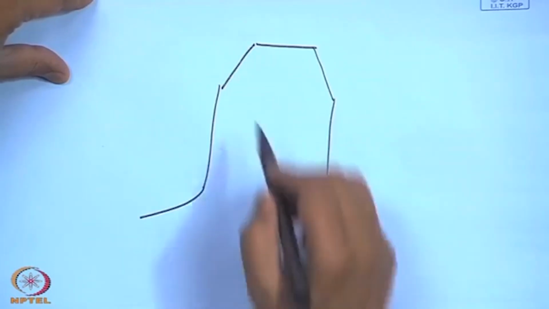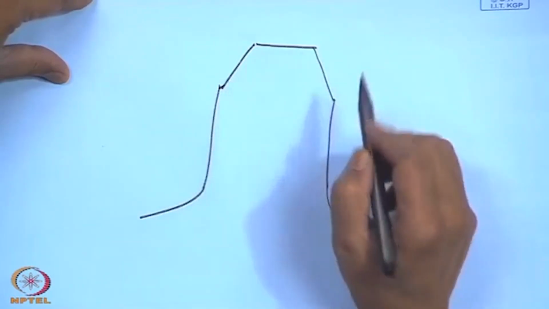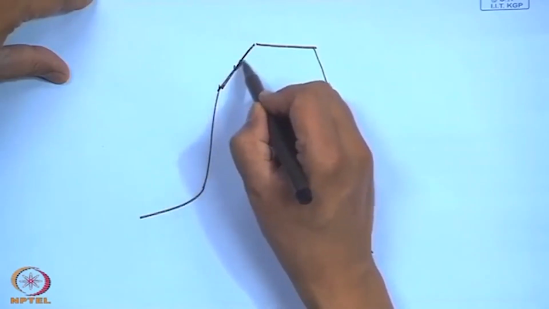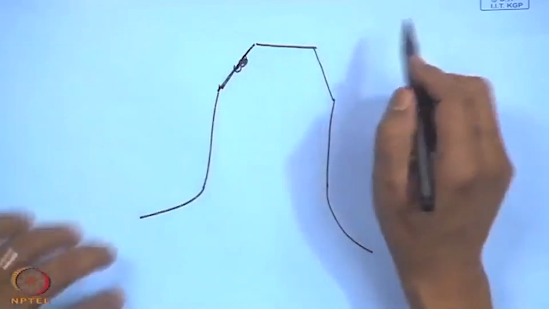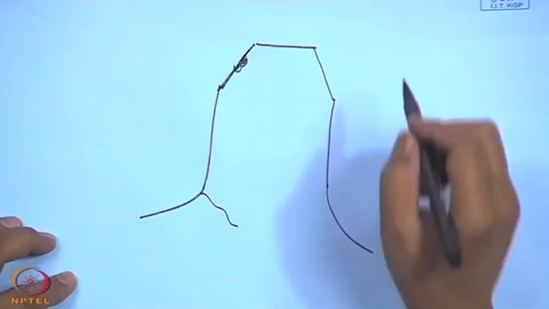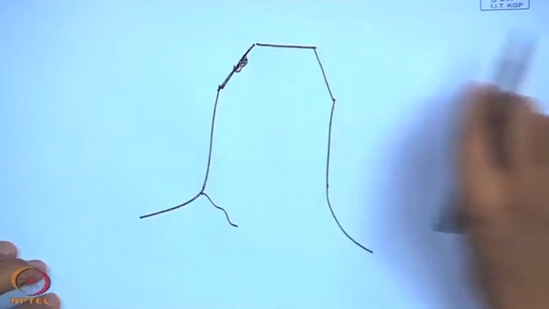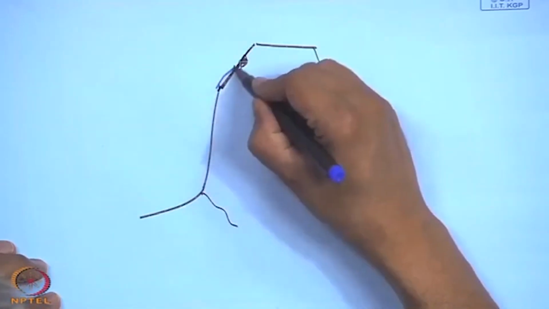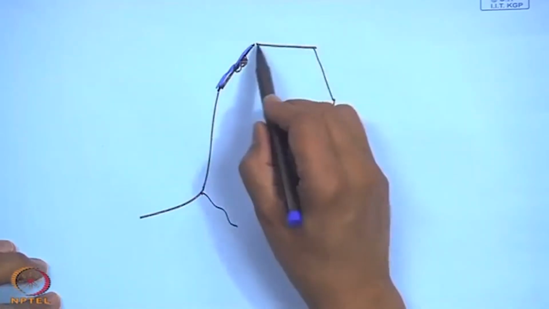This is one tooth, and the pitting could occur in some of these areas. There could be cracks, there could be the oil film, because there is always a thin layer of oil film here.